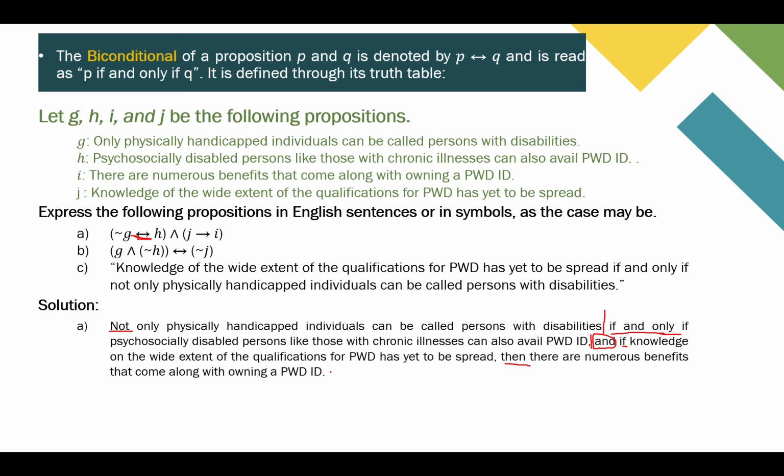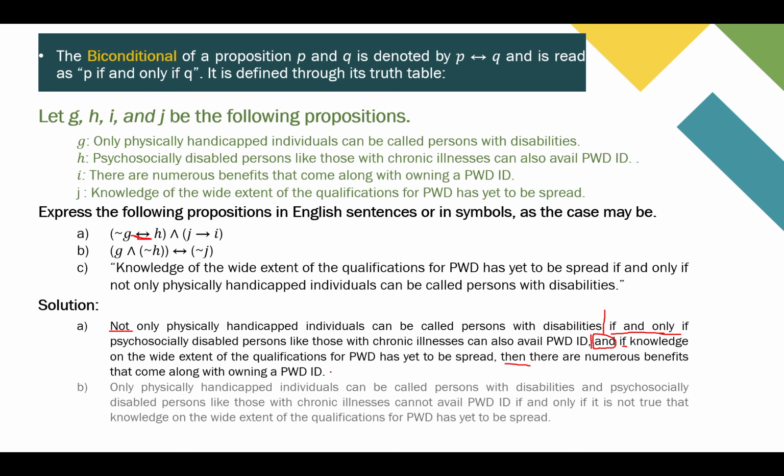So for the second one, letter B, what could it be? So, only physically handicapped individuals can be called persons with disabilities. And, let us add a parenthesis. And psychosocially disabled persons like those with chronic illnesses cannot avail PWD.